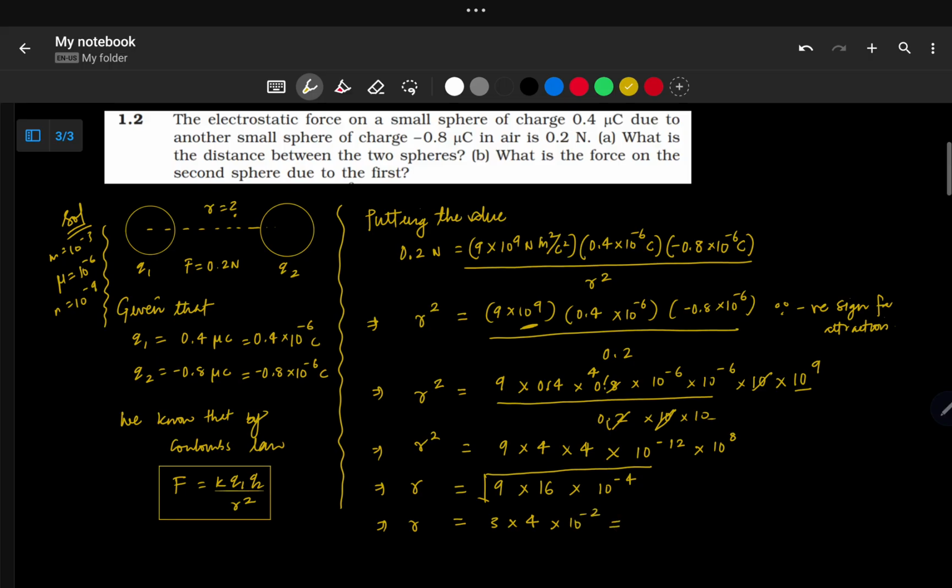So this is going to be 4 3 is 12 into 10 to the power minus 2 meter, and this can also be written as 0.12 meter, and this is the value of your distance between these two charged spheres, right? So this is the answer that we are getting.